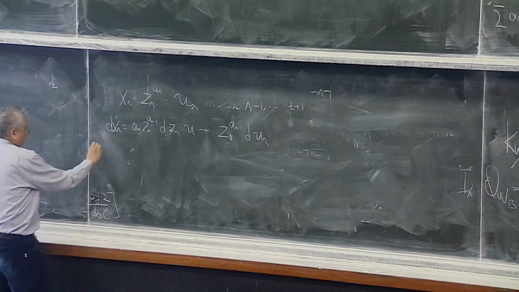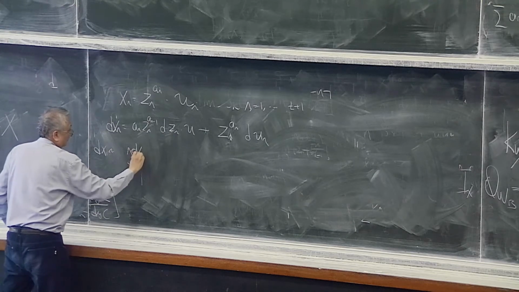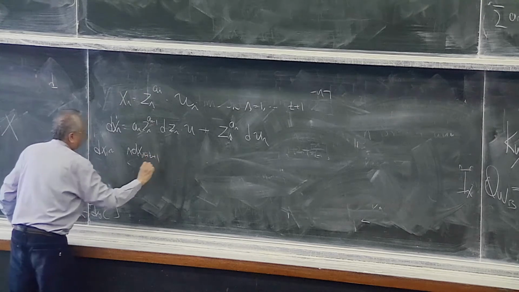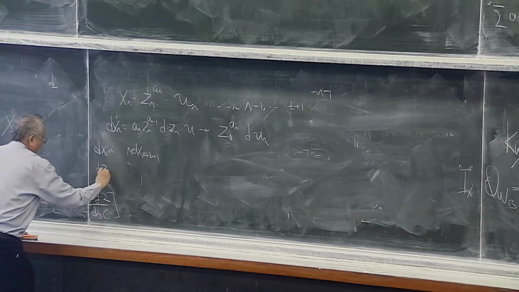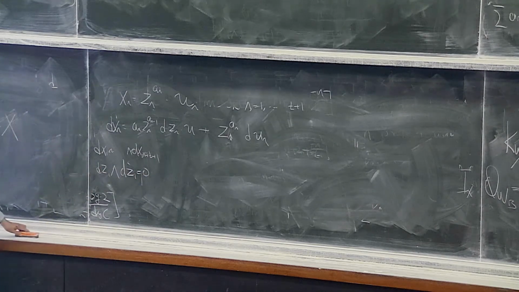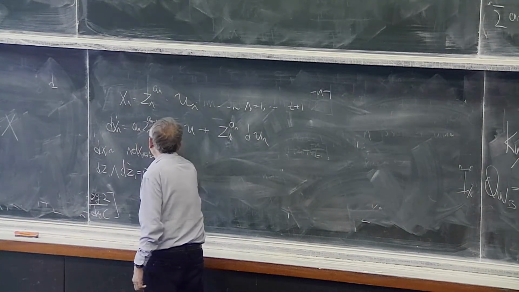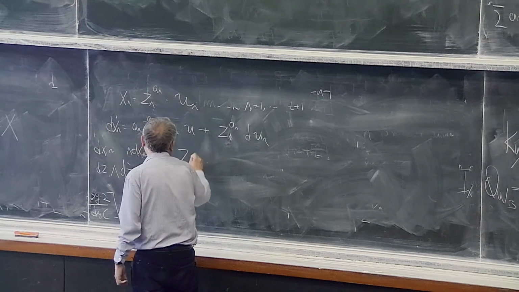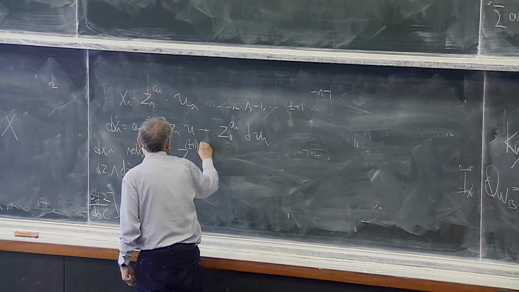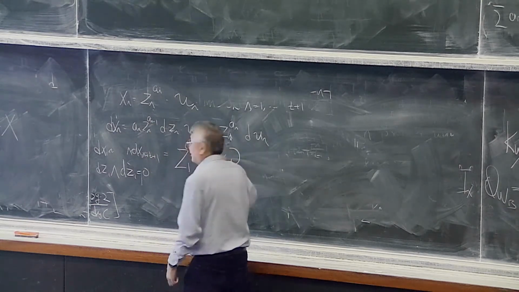And you look at the wedge product. And since dc_1 is equal to 0, you see that this expression will be c_1 to the sum of (a_i minus 1) times something.